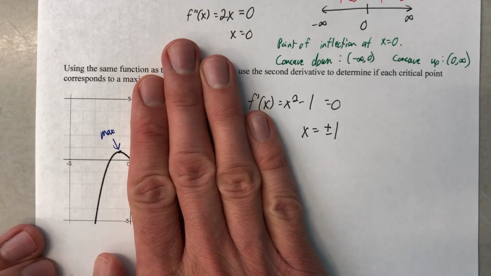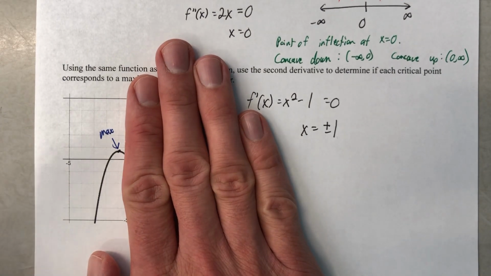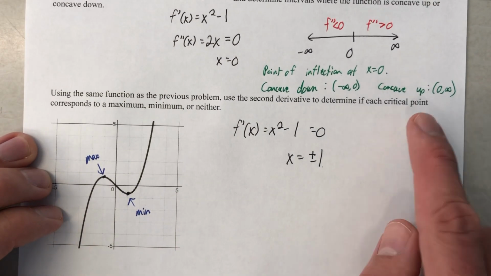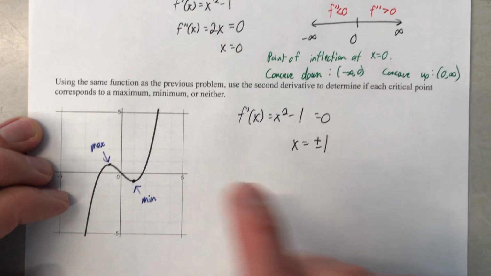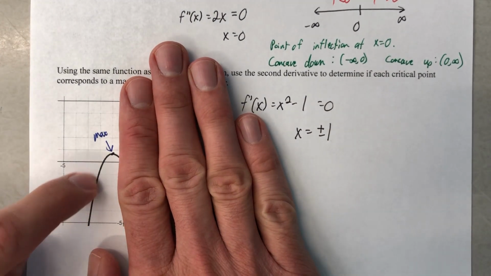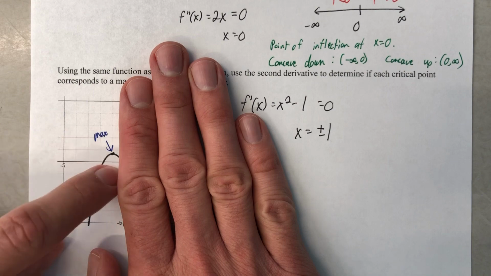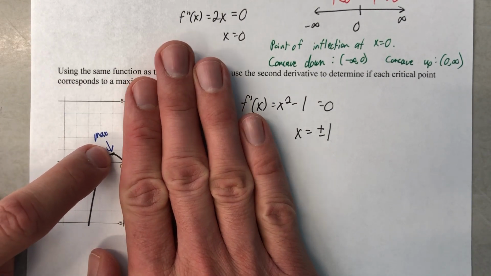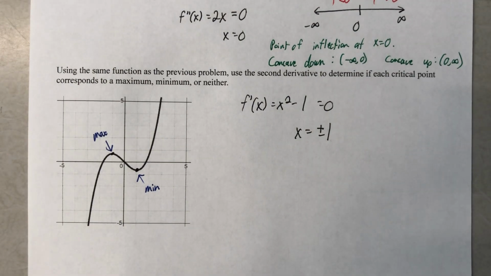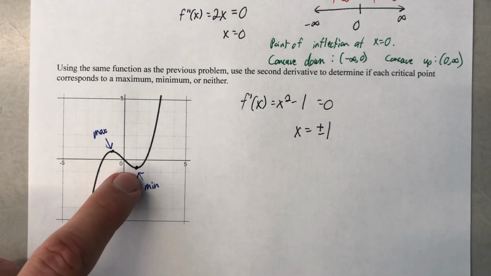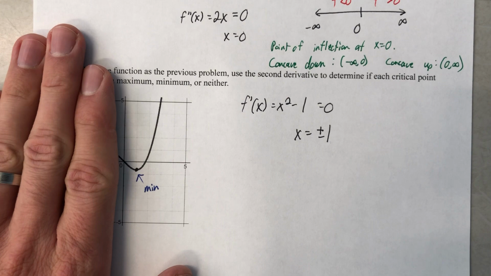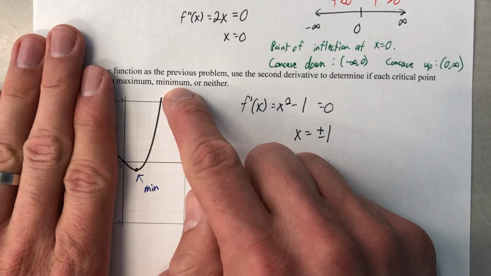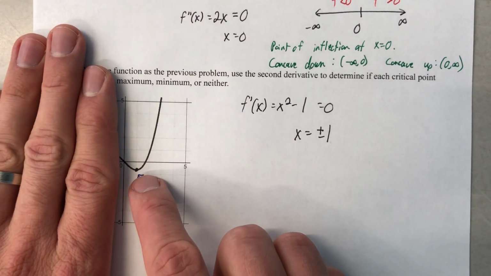Follow me here. If I have a critical point with a concave down graph, I am looking at a maximum. If I have a critical point on an interval that is concave up, then I have a minimum.